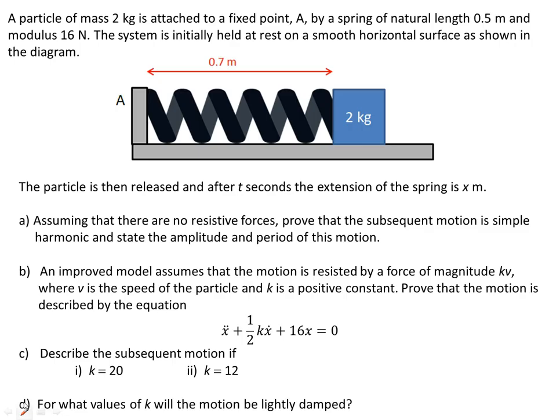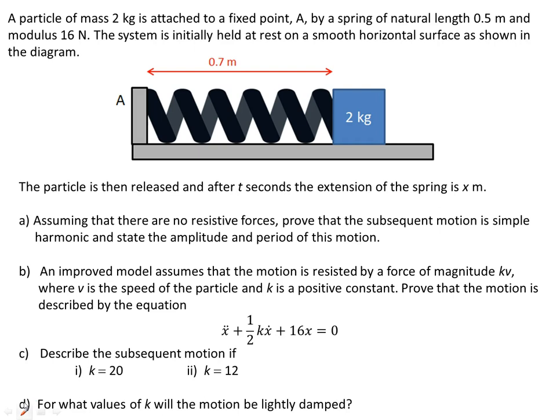So, we're going to consider one example where we have a particle of mass 2 kilograms which is attached to a fixed point A by a spring of natural length 0.5 meters and modulus 16 newtons. The system is initially held at rest on a smooth horizontal surface as shown in the diagram, with the spring 0.7 meters long.